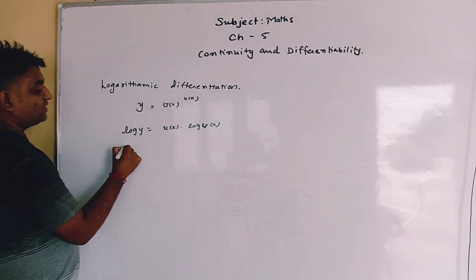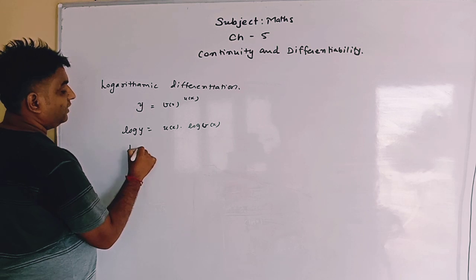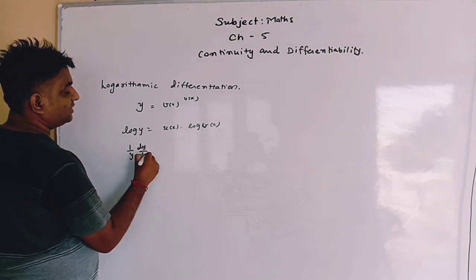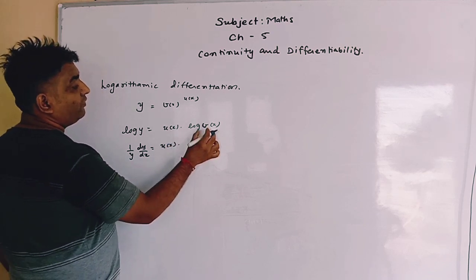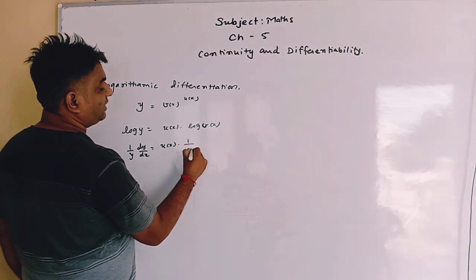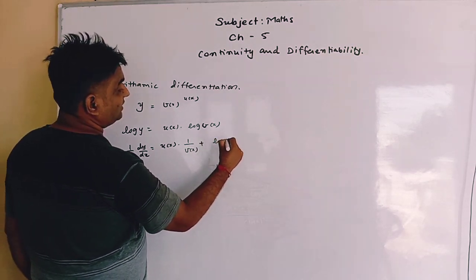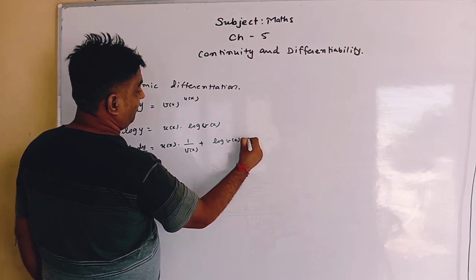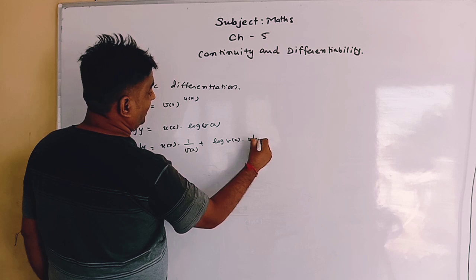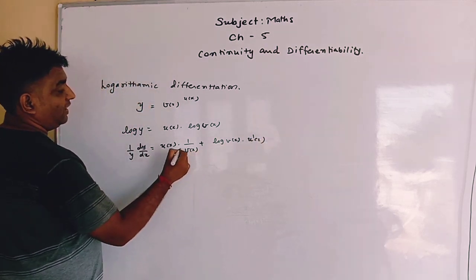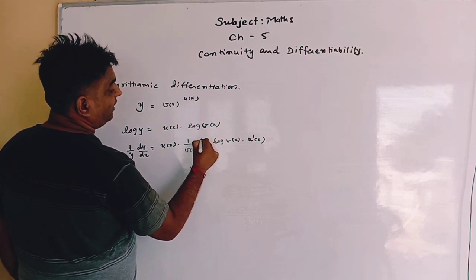Now we differentiate with respect to x. Then it will be 1 by y dy by dx is equal to u(x) into the derivative of log b(x), which is 1 by b(x), plus log b(x) as it is, and the derivative of u(x) will be u dash x. Here by chain rule b(x) derivative will be b dash x.